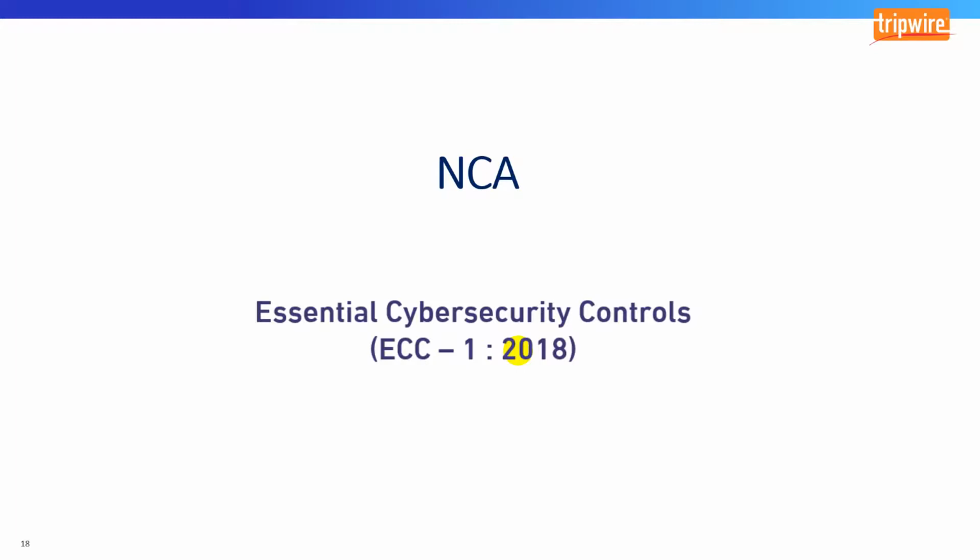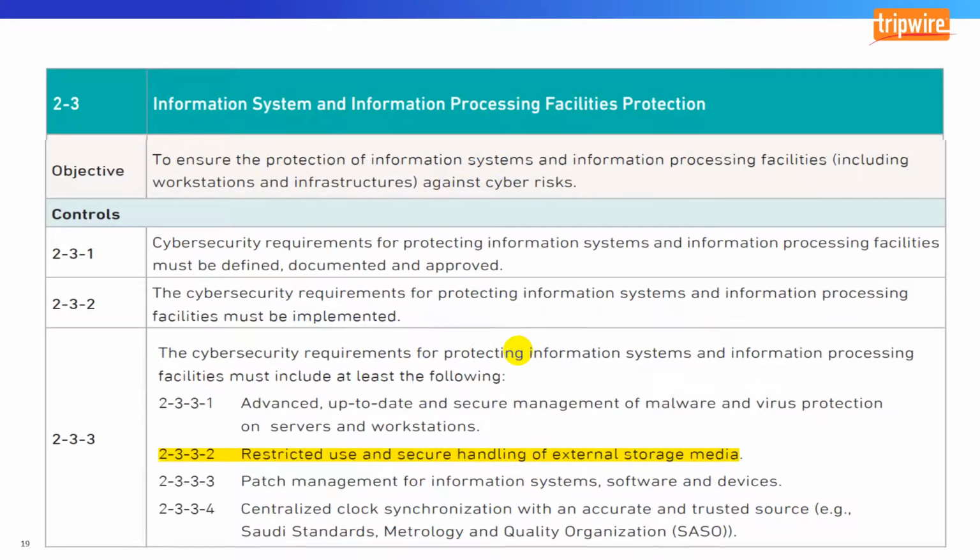now you can know how to deal with editing and creating your own standards. Now, I will show you an example about the NCA and how we deal with it. This is a good practice.